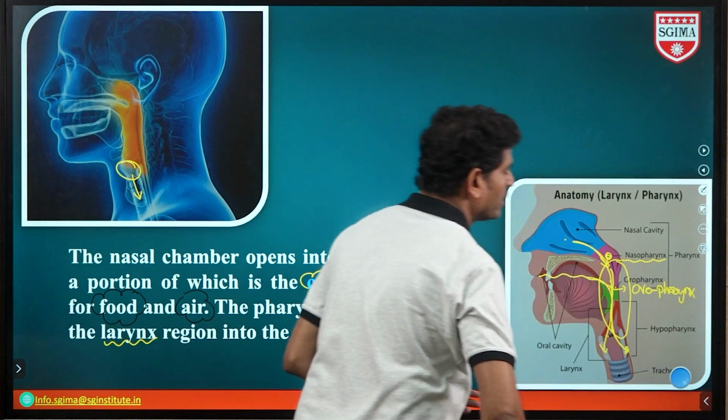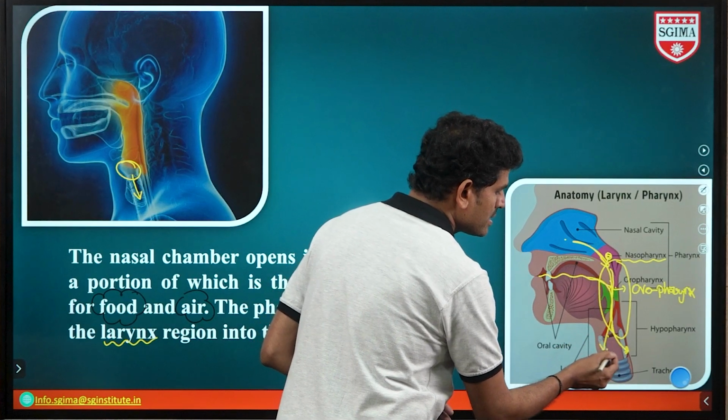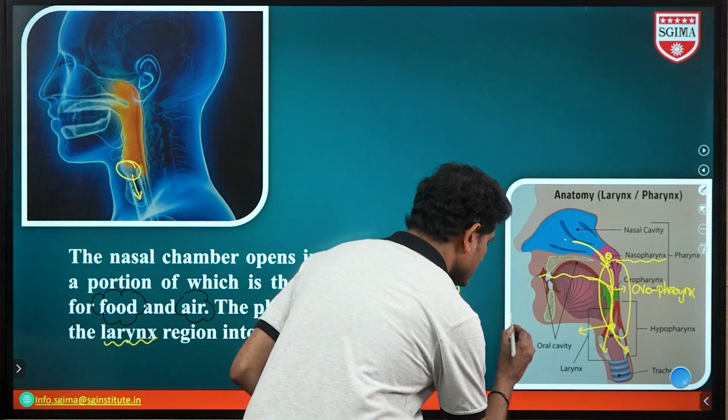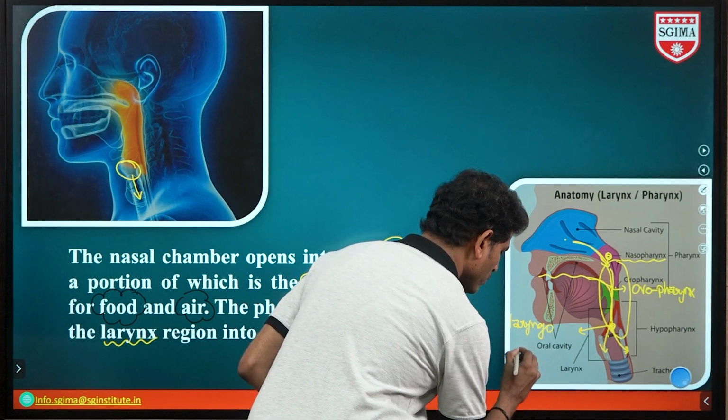Oropharynx. Next, this pharynx communicates with the larynx, that is the laryngopharynx. This area is the laryngopharynx.